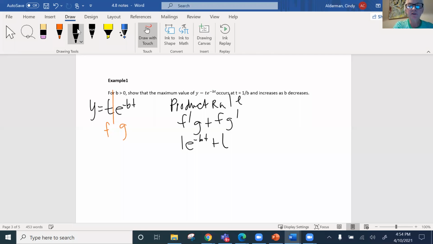And f by itself is just t. And g prime, we're going to use this rule that says that the derivative of e to the kx is equal to k e to the kx.